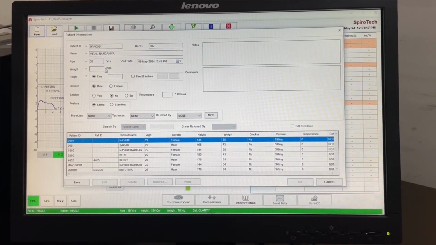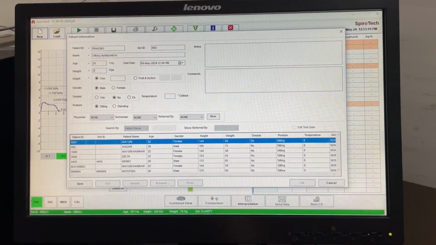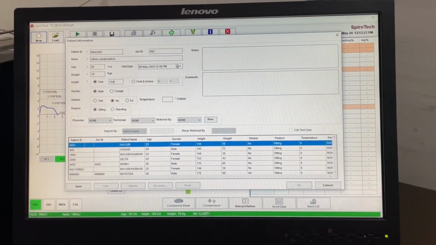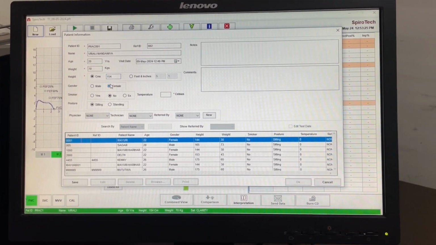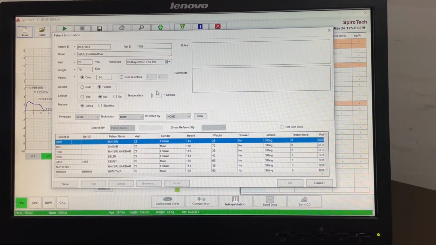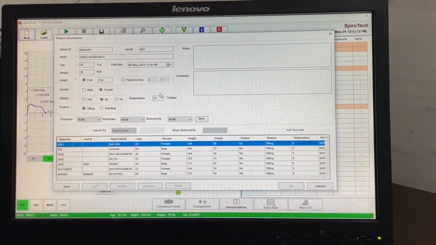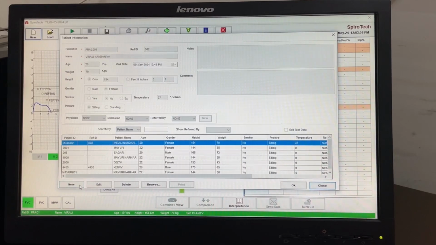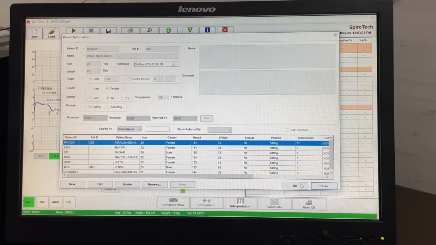Your weight, please? 70. Your height, please? 154. Gender is female. Are you a smoker or a non-smoker? Non-smoker. The temperature is around 37 degrees Celsius and your posture is sitting. So let's save this data and then we will give OK.